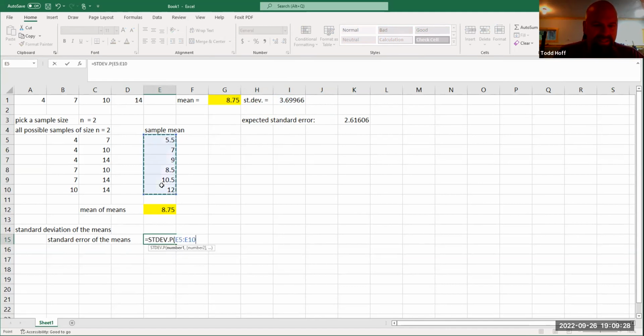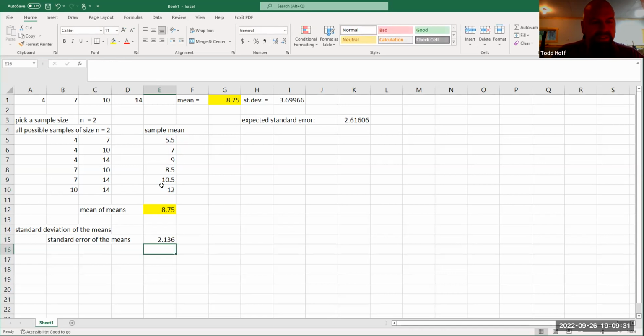Now, this is also a population standard deviation. But notice it's not the same. It's not 2.616. It's smaller than that because, again, the population was small compared to the sample, or the sample was large compared to the population. In order to avoid this, the sample size has to be less than 5% of the population. Some books say 10%, 5% to be safe.